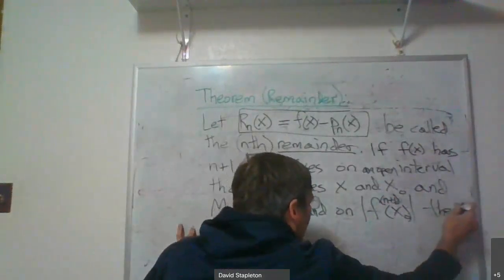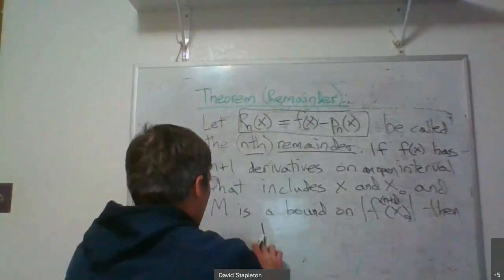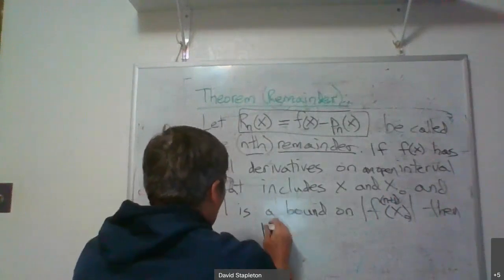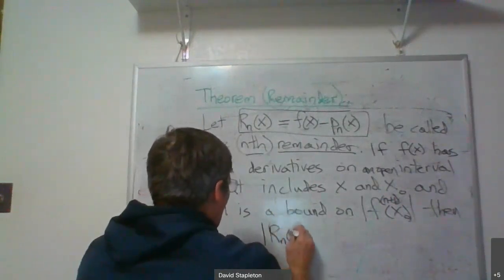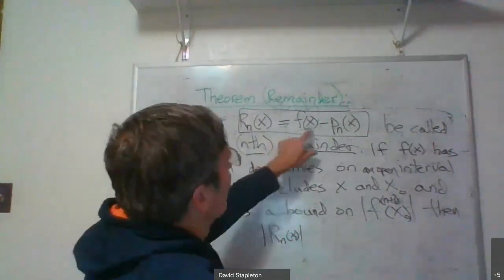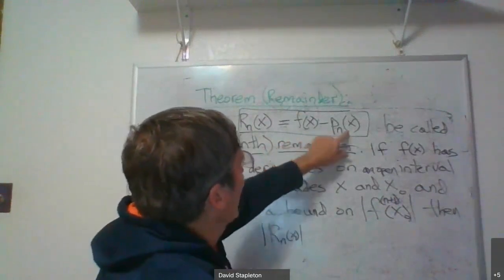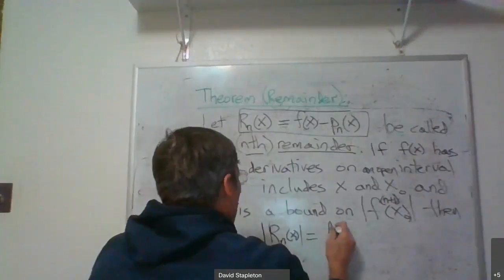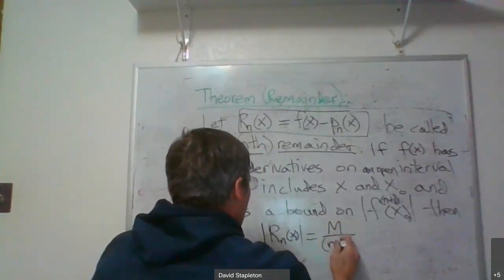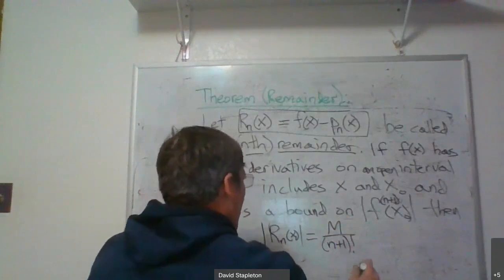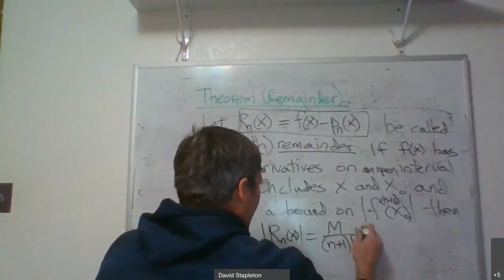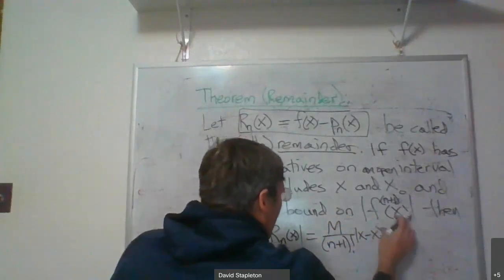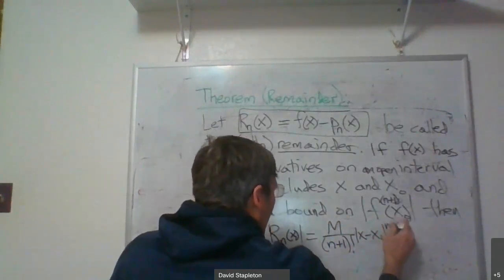Then it turns out that the absolute value of the remainder, right? The most that your approximation can differ from your function in absolute value is M over n plus 1 factorial times the absolute value of x minus x0, to the n plus 1.